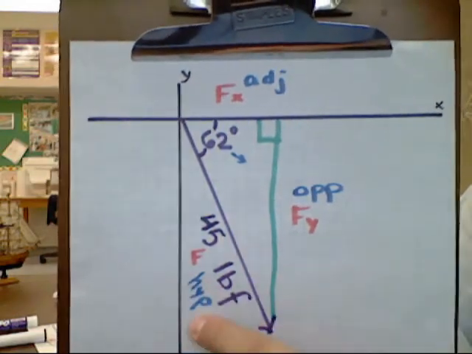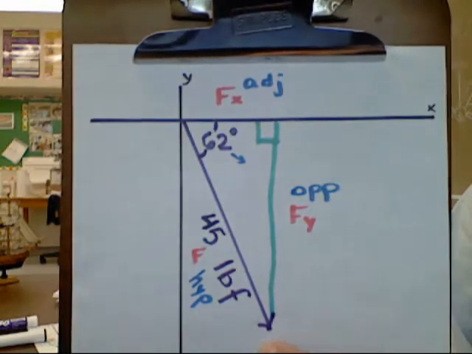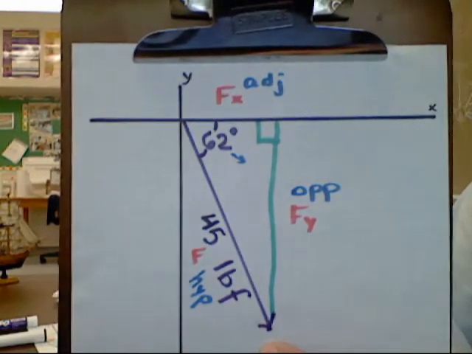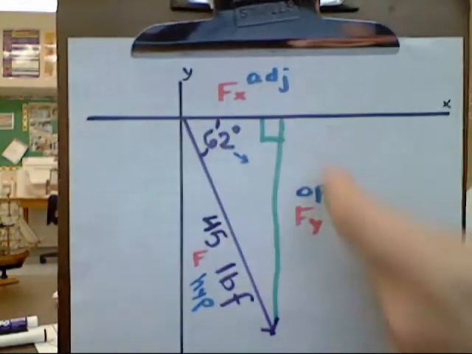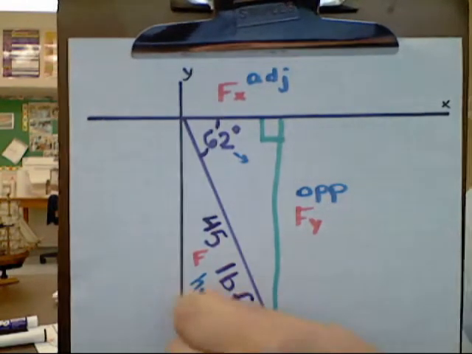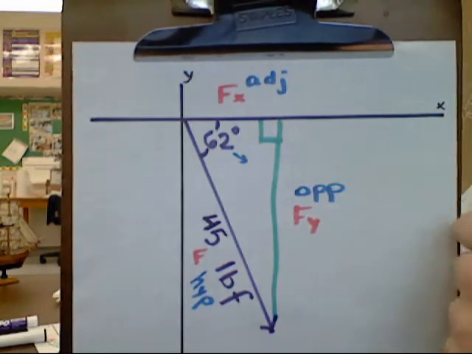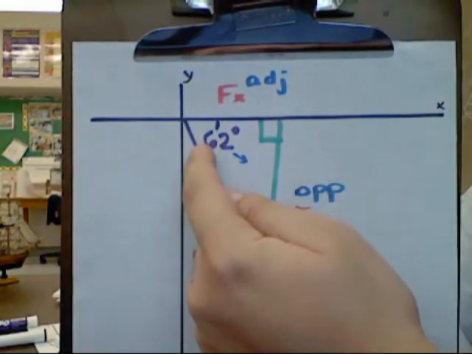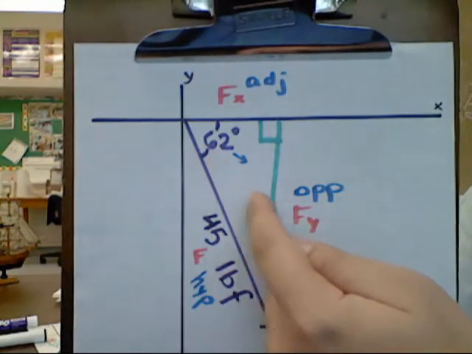Well, the hypotenuse to me is always the easiest, because the hypotenuse is the longest side of any right triangle. And in particular, if we have a diagonal vector, the hypotenuse will be that vector itself. The legs of the right triangle, opposite and adjacent, will be the x and y components. After we figure out the hypotenuse, the next easiest for me is the opposite, because all I have to do is start at the angle, 62 degrees, and look at what's furthest away from that angle.